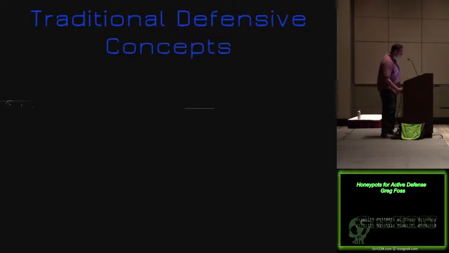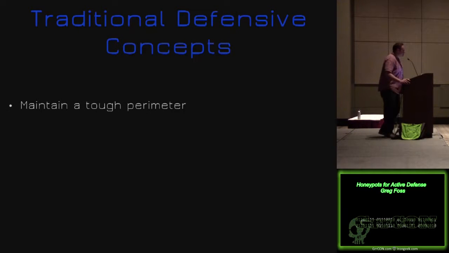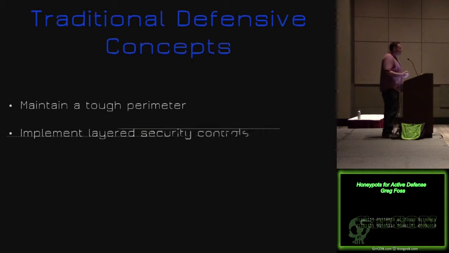So to start, let's go over some traditional defensive concepts, right? Organizations want to do a lot of things to try and protect themselves. Obviously, maintain a tough perimeter and implement layered security controls. You want to make it hard for the attackers to get in and out of your environment.